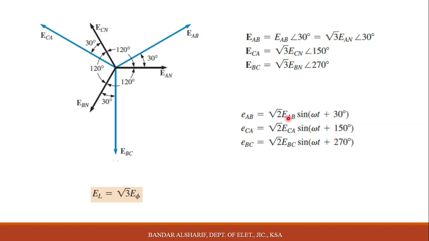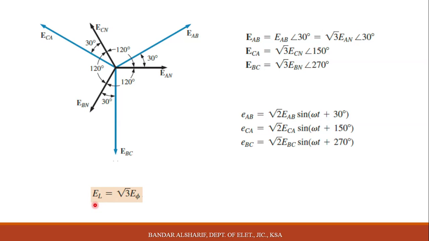If you multiply the phasor form by root 2, you will get the peak value for the line value, sine omega t plus 30, since here it's written 30. Root 2 multiplied by ECA sine omega t plus 150, and here plus 270.